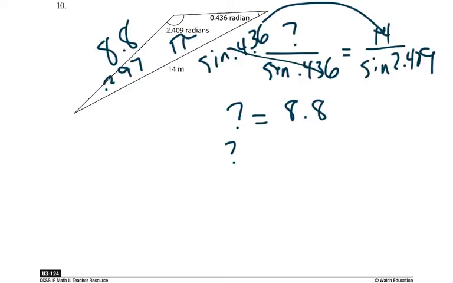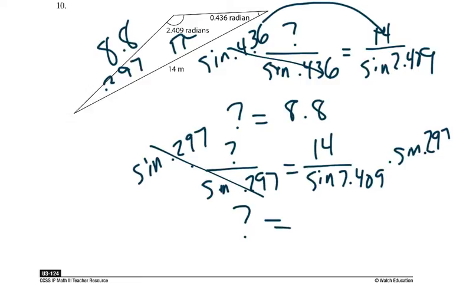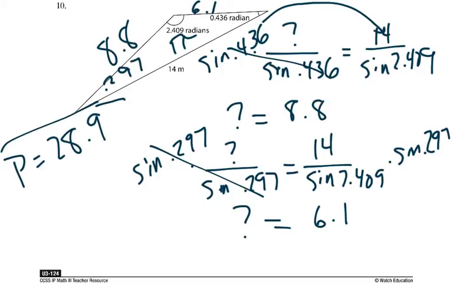So then I go question mark over sine of 0.297 equals 14 over the sine of 2.409, times by the sine of 0.297 on both sides, and we end up with our answer. So kind of a different way you have to think about it. giving us 6.12, so 6.1. Add those all together, and we get our perimeter of 28.9. And there we go for this one.